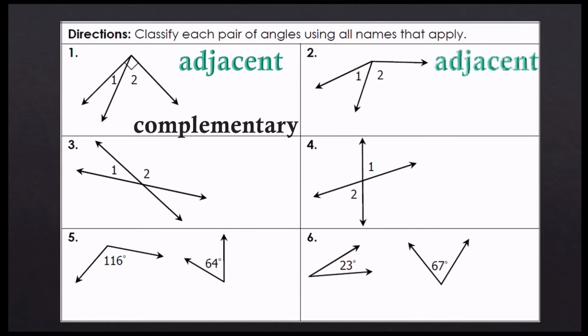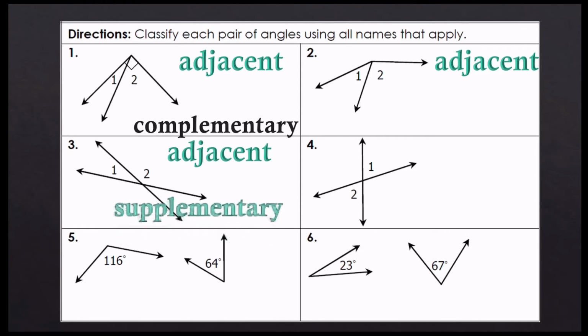Okay. Angle 1 and angle 2, they are adjacent. They're sharing a common side. But if you look at what they form, when you put those two angles together, they're also supplementary. If you write in right now that angle 1 and angle 2 form a straight line on this problem, you'll get extra credit.